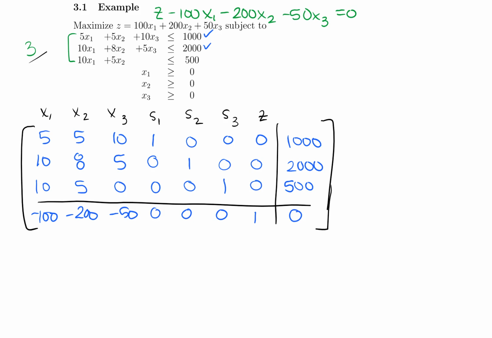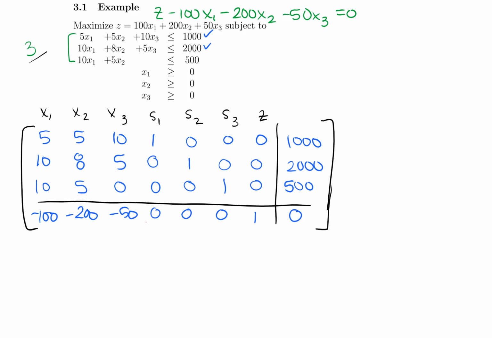Notice that once the slack variables start, if you look just at the slack variables over to z, you should have 1s on the diagonal and 0s everywhere else. So this should be like an identity matrix right here. That will always happen. Okay, so now this is where things get new. We have to find the pivot element.